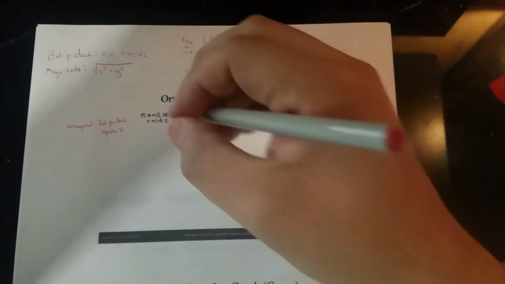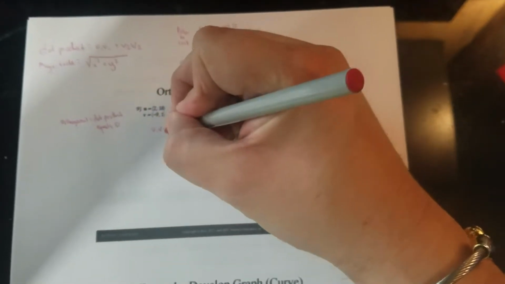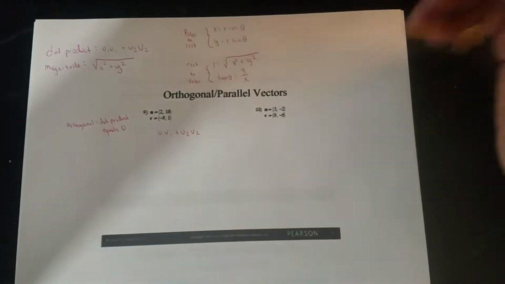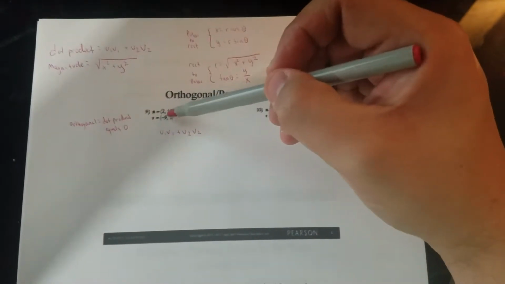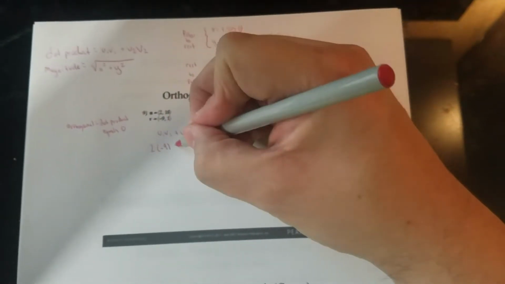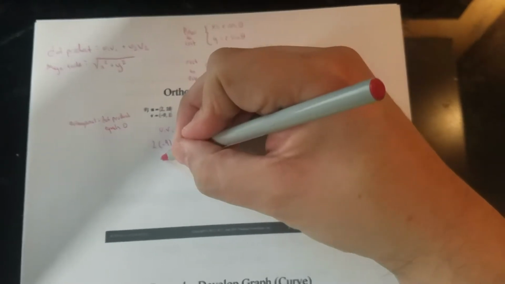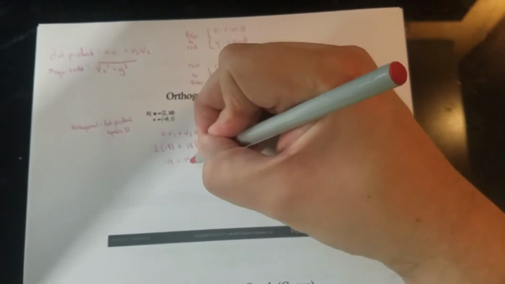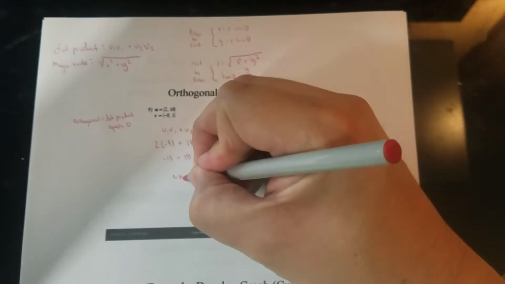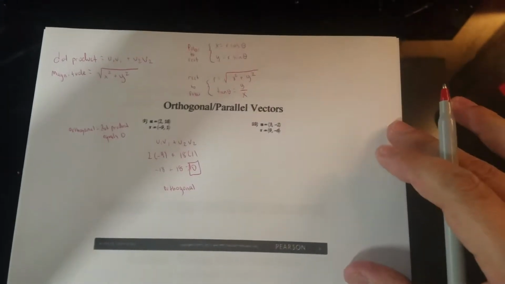I need to use u1v1 plus u2v2. So I'm going to do 2 times negative 9 plus 18 times 1. This is negative 18 plus 18. This equals 0. So this is orthogonal. Okay, so that's how I can tell.